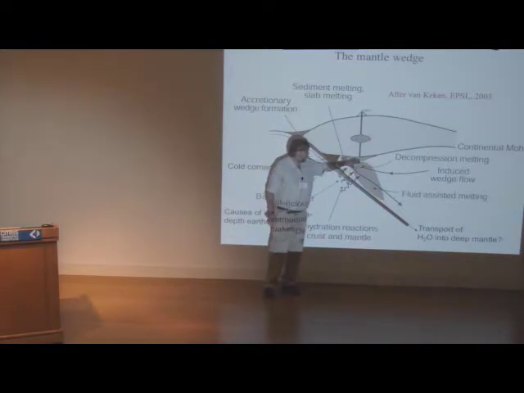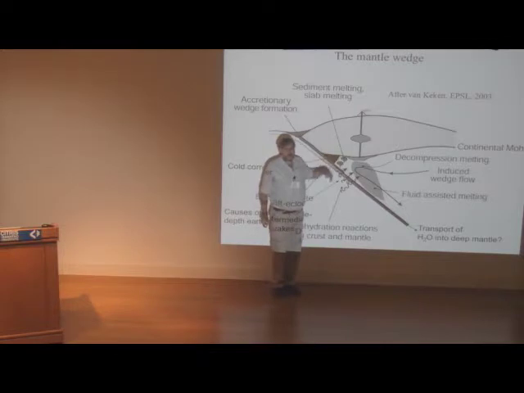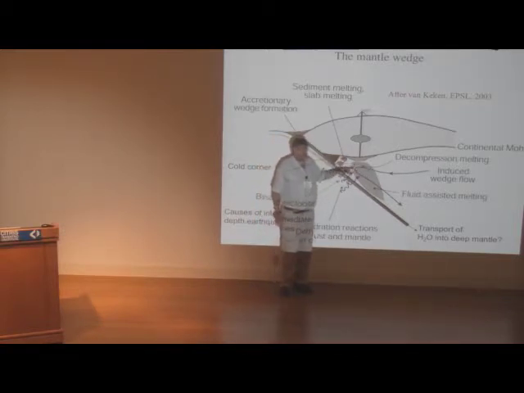The fluids penetrate the mantle wedge, cause flux melting, that eventually, for a variety of stages, ends up in the arc. We think we have this cold corner. The sediments may form little diapirs. There could even be a little bit of decompression melting due to the upflow of material in the mantle wedge.